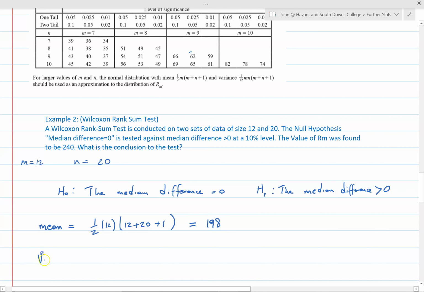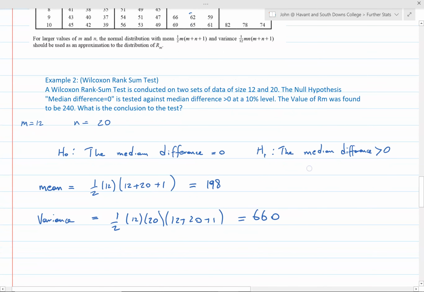And the variance equals this quantity here. That's 1 over 12, times 12 times 20, times 12 plus 20 plus 1, and that equals 660. So that's our normal distribution.